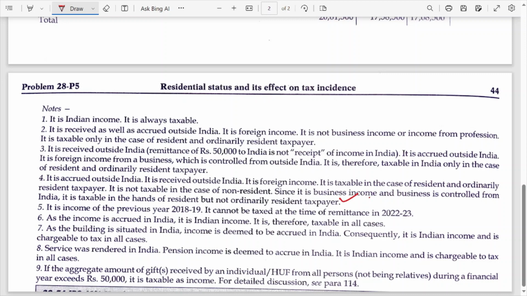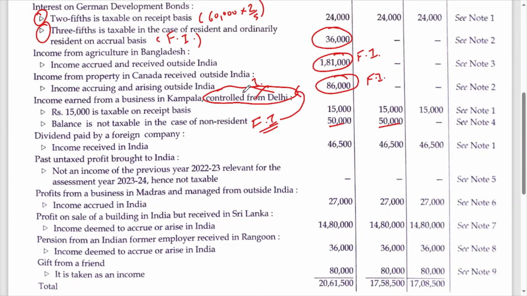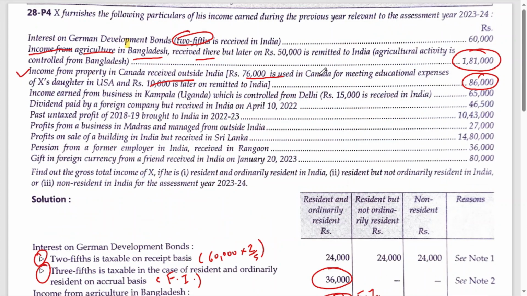So this is very important information given in the material. Because even though it is a foreign income, it is taxable in the case of RNOR as the business is controlled from Delhi.